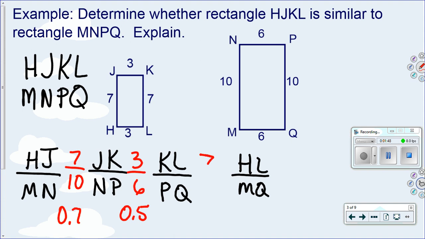KL is 7. PQ is 10. That's 0.7, right? And HL is 3. And MQ is 6, that is 0.5. So, are those shapes similar? No, they are not similar, because they don't have the same scale factor. So they are not similar, and you're going to write a statement stating that.